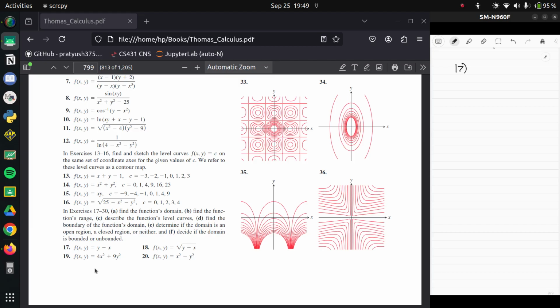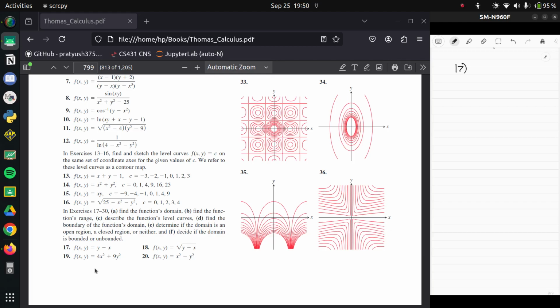Next is f of x, y equal to square root of y minus x, so everything where y minus x is greater than or equal to 0 is okay. So it's not open. Is it closed? Yes, it is actually closed. So it's a closed region, but it's unbounded, right? It's closed because any sequence of points, if it converges to a point, that point is also in your domain.